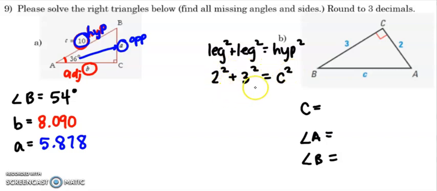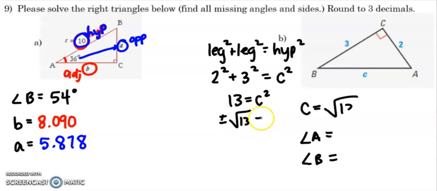This ends up being 4 plus 9, which is 13, equals C squared. So C equals the square root of 13. Reminder, technically speaking, C equals plus or minus the square root of 13. We don't want to forget our algebra skills. But because we're talking about the distance, right?